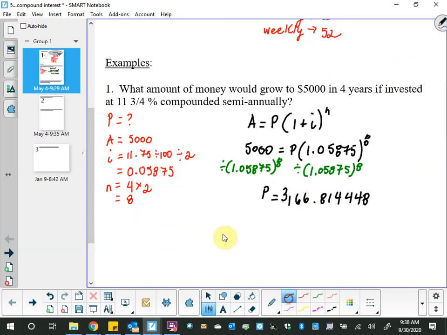So when I go to do my therefore statement, or you could have done it when you answered for P, we need to invest $ beginning or end, and to 2 decimal places, $3,166.81. So this question did not require logarithms.